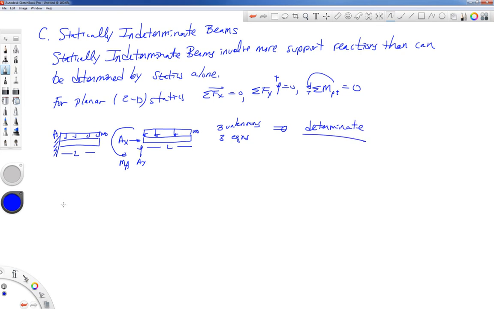Another example of a determinate problem is a simply supported beam. Maybe here's a pin and a roller. We have a load P in the middle of it. The free body diagram would look like this picture. Maybe it's point A, so we have AY and AX at the pin and BY at the roller.